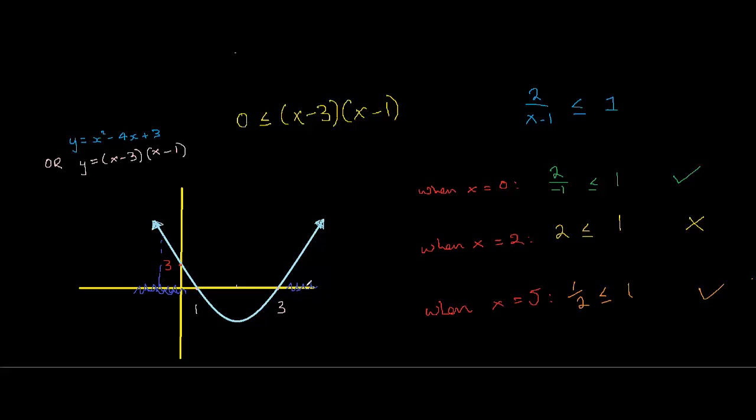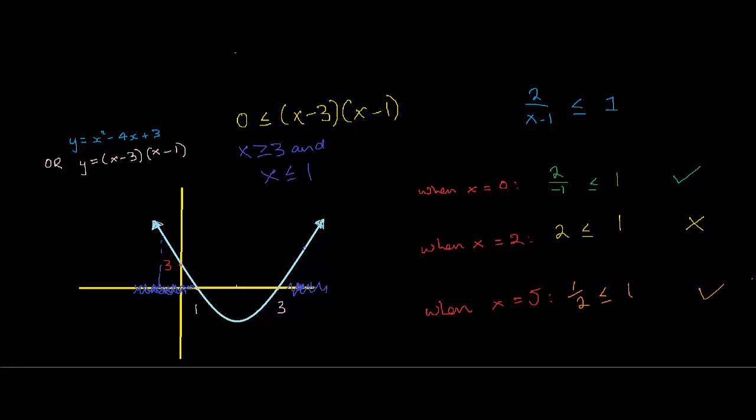Similarly, here, when x is greater than 3, or similar to when it was x is less than 1, 0 is less than this graph. So this condition holds true when x is greater than or equal to 3, this bit, and when x is less than or equal to 1, this bit.